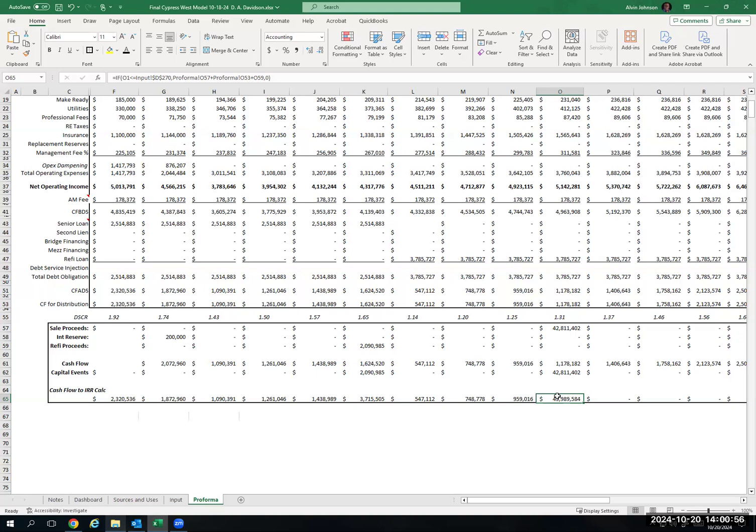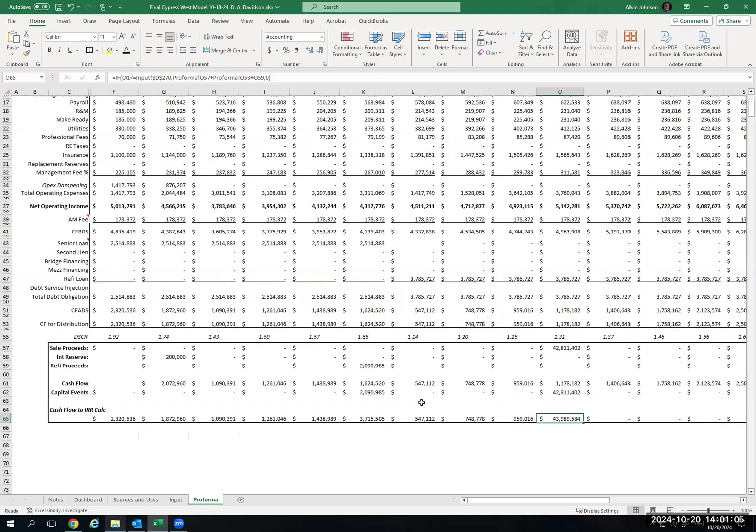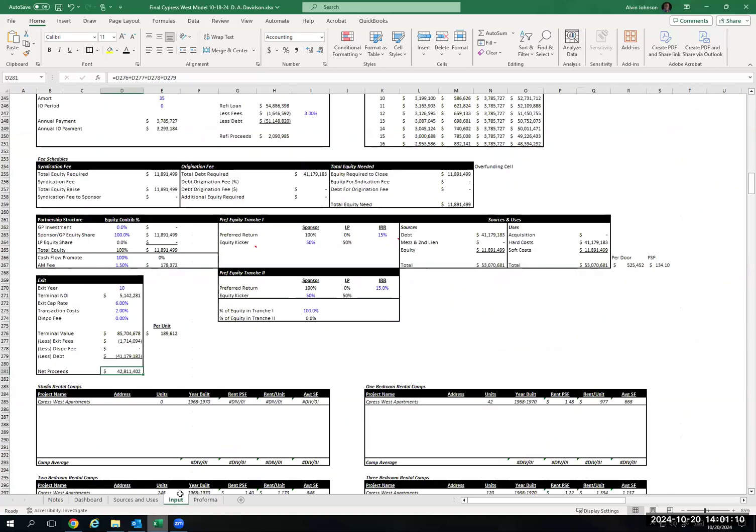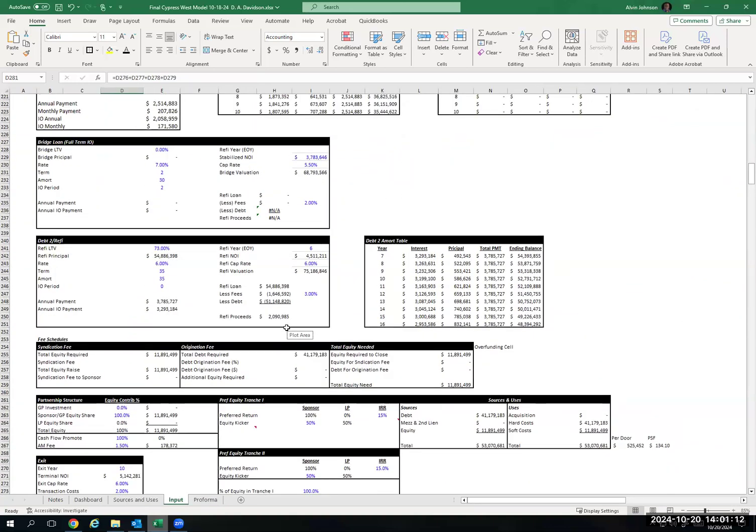So this thing makes 43 plus 10 is 53, 54, $55 million over a 10-year period for an affordable property with affordable rents on the West Bank of Louisiana.